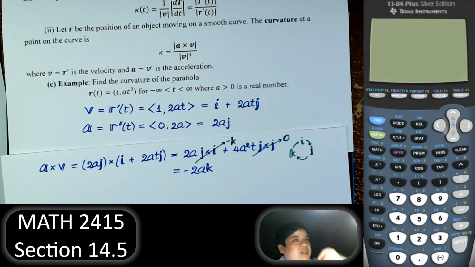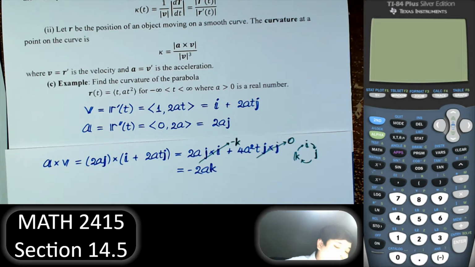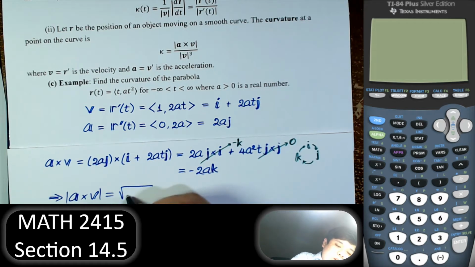Nice enough, right? Like I said, if it is only a few terms, just multiply it out. If it is the full 3 components, just put in the determinant. But this is simple enough, right? So we do that, and then we find the magnitude of a cross v. So just negative 2a.